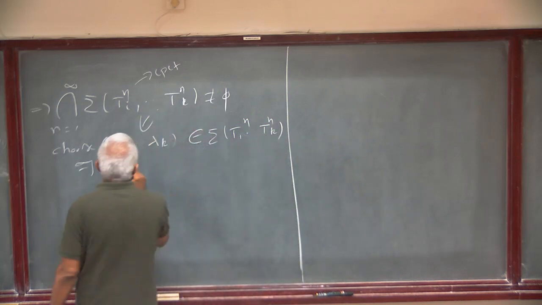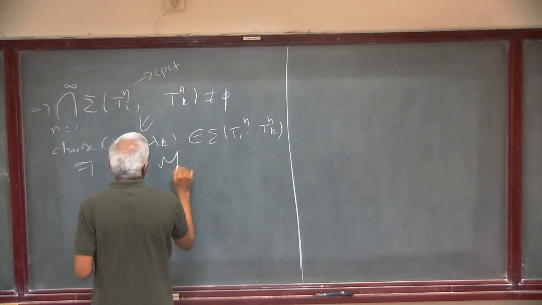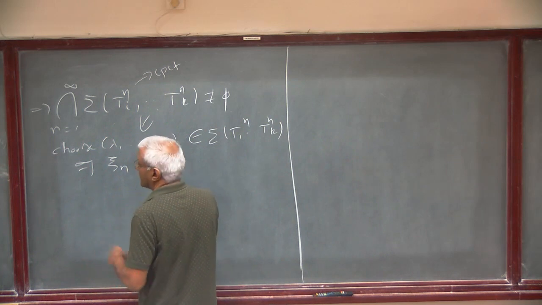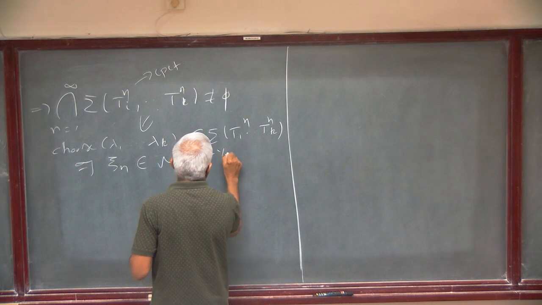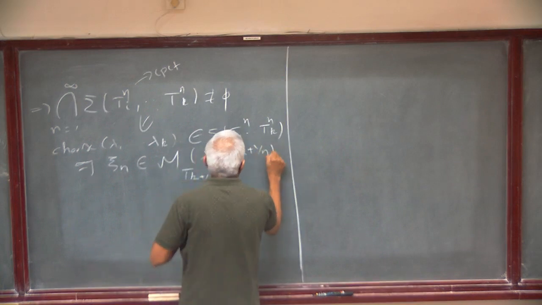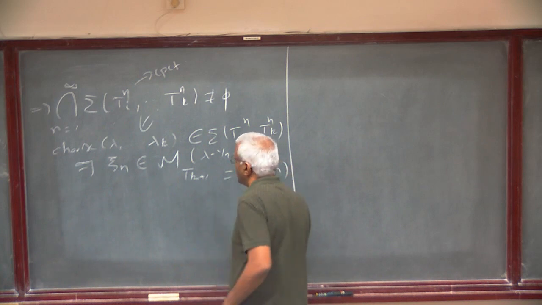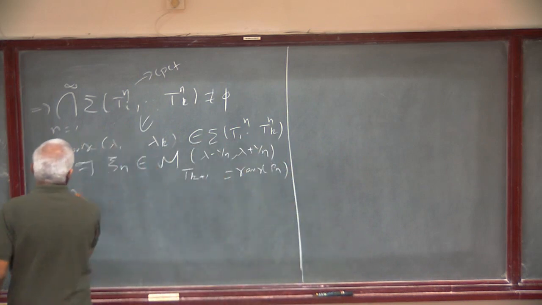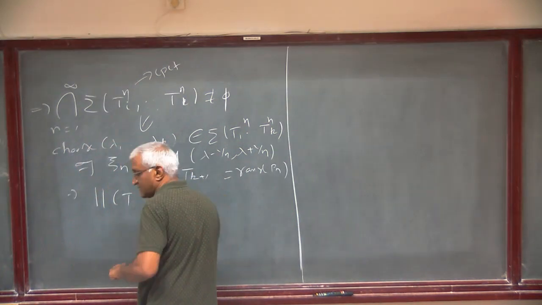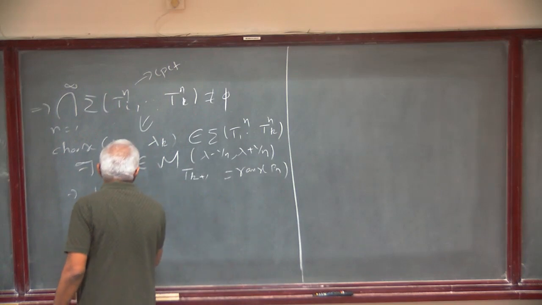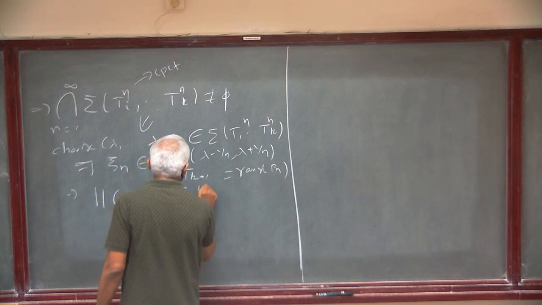So choose Xn in the range of that, which is what we call M of T(k+1), lambda minus 1 by n, lambda plus 1 by n, which is the range of Pn, of course. Then Pni, once it acts on Xn, is the same as Ti minus lambda I applied to Xn, with norm less than 1 by n.